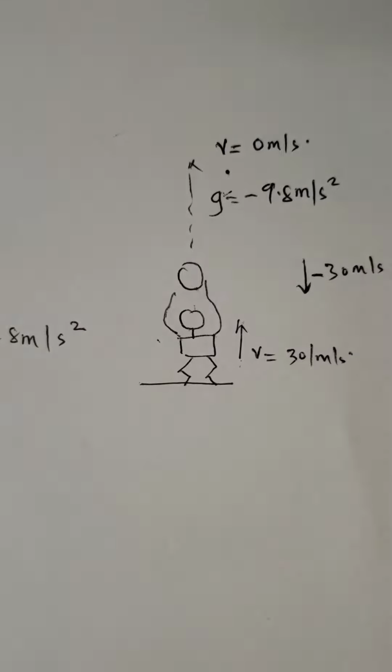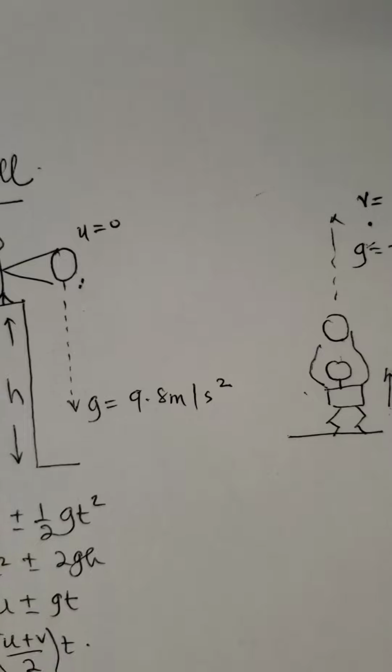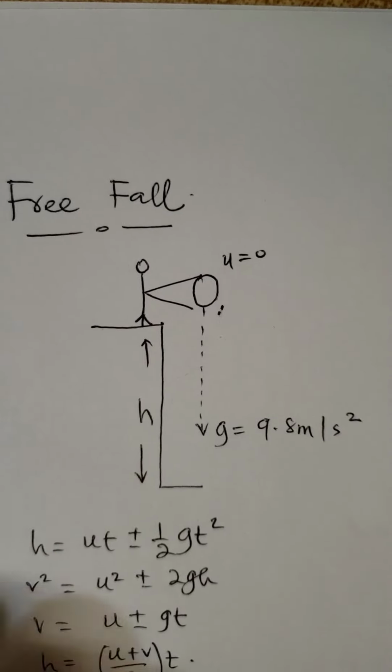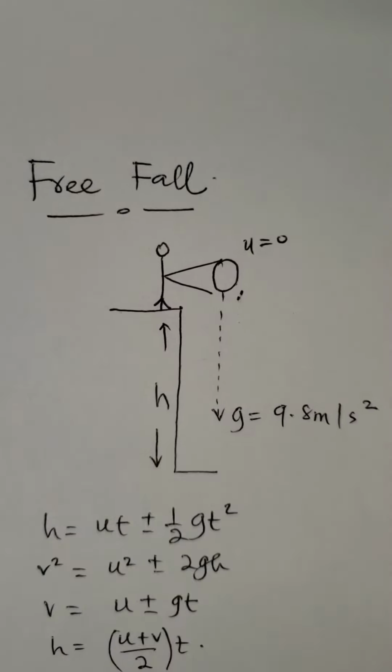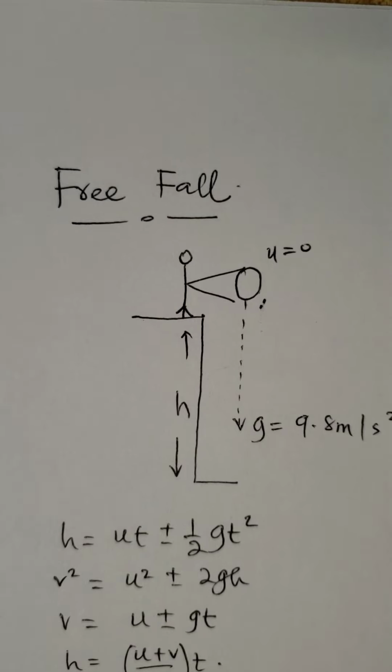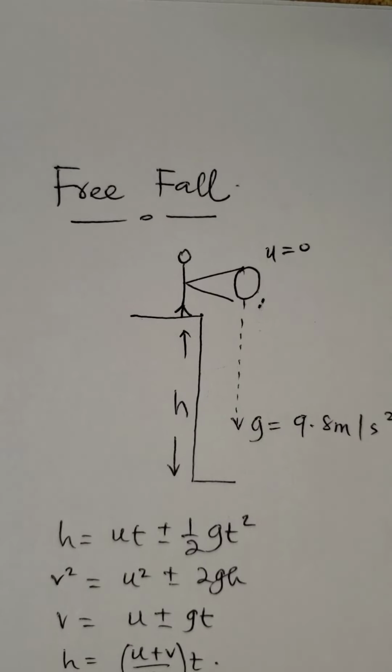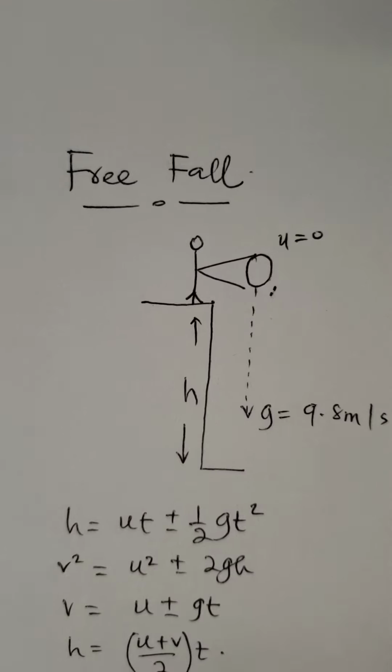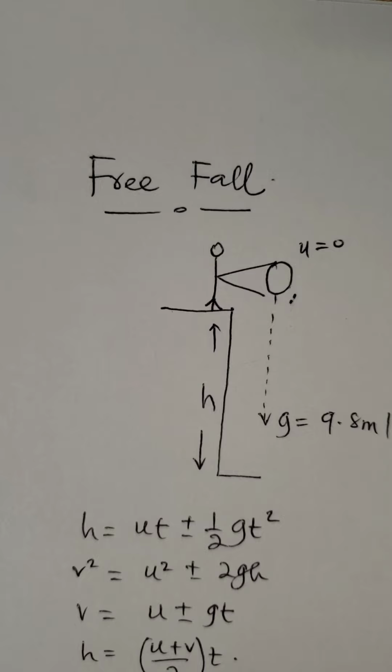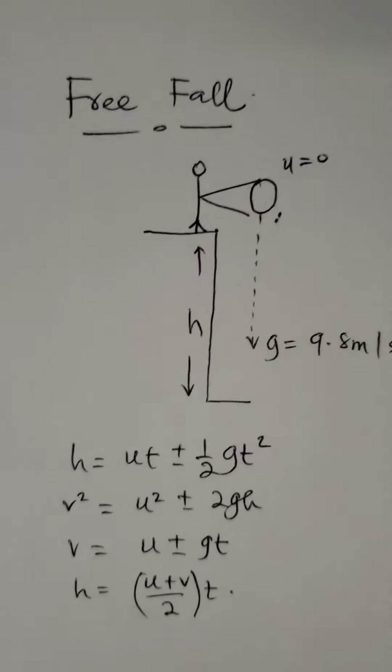So these are 4 principles that are very, very important in describing motion of an object falling freely from a height. Now, we can combine these 4 principles with the equations of motion to solve problems involving motion of free falling objects. Now, for us to do that, we are going to consider about 5 cases.